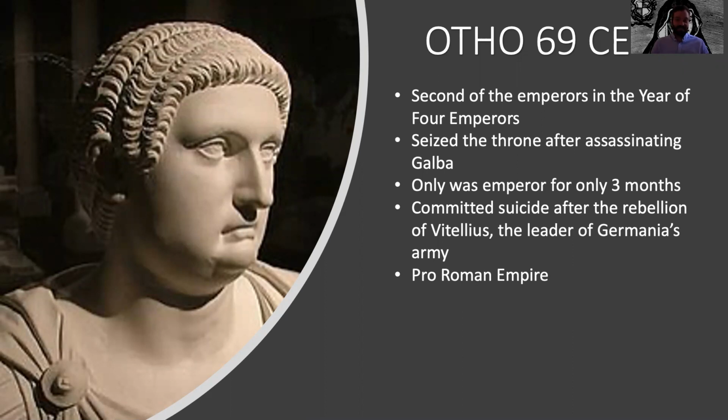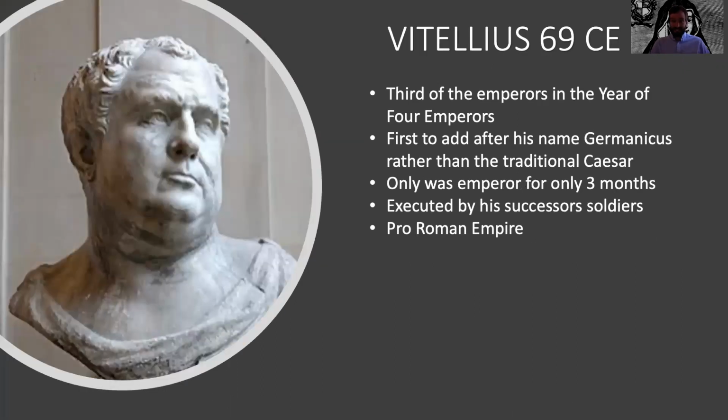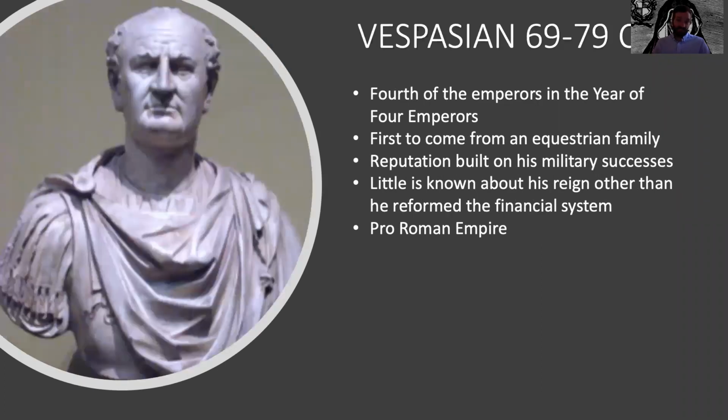Even though he assassinated Galba, he committed suicide after a rebellion was led by his successor, this guy, Vitellius, the third in the Year of the Four Emperors. He was a general, essentially, of a Roman legion up in what is now Germany.